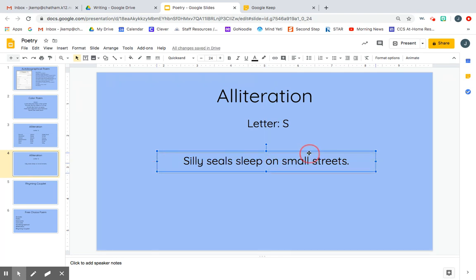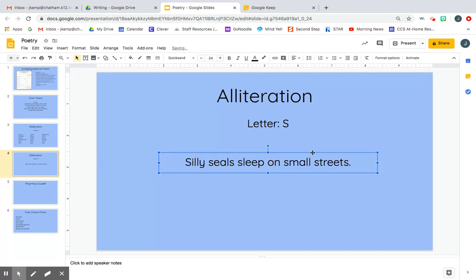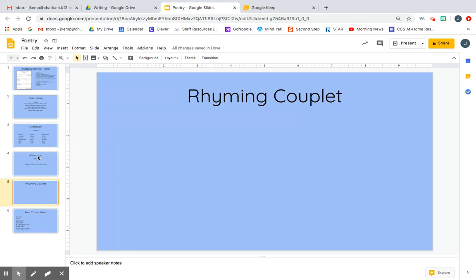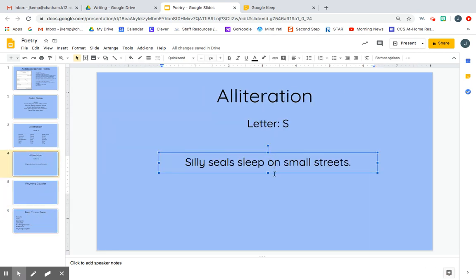I can maybe try to make another one with the words that I chose. So let's see. All right, this is going to be a very interesting one. You ready? And these are usually kind of funny, so that's okay if they're a little silly.